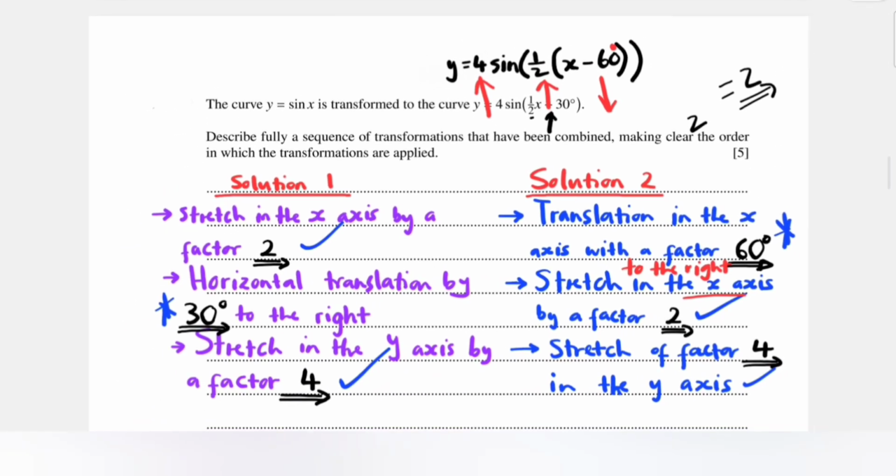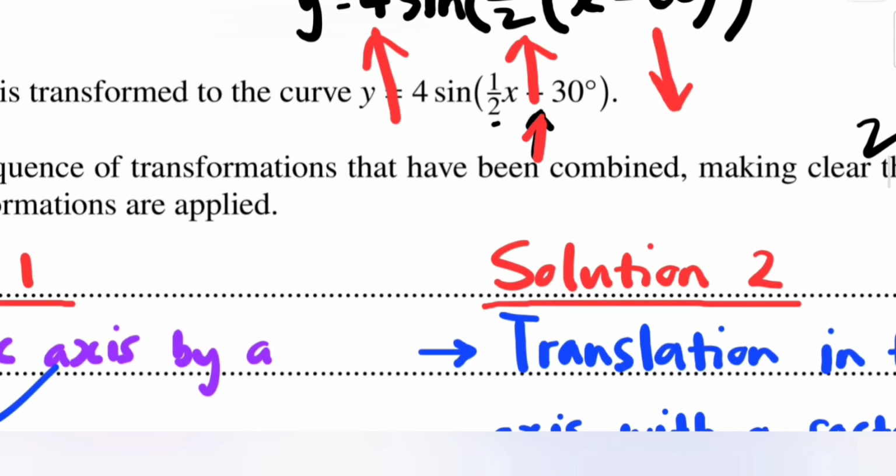So just by looking at these two solutions, I think the best one to consider is solution 2. Because it is important to note that when the expression inside sine, the expression in this bracket, is not factored, it's quite misleading.